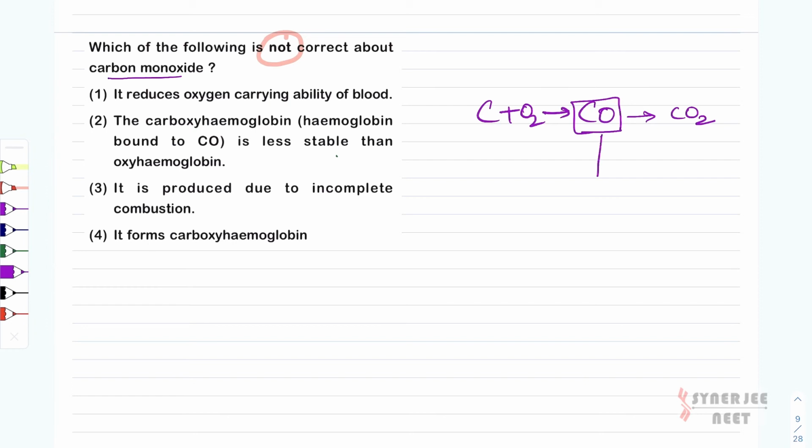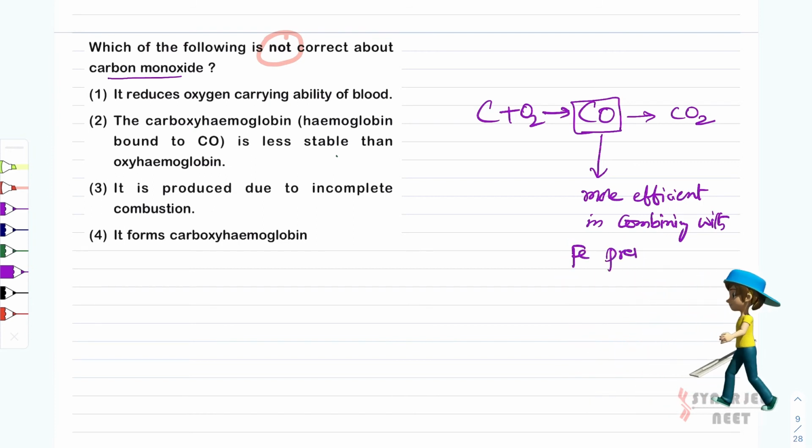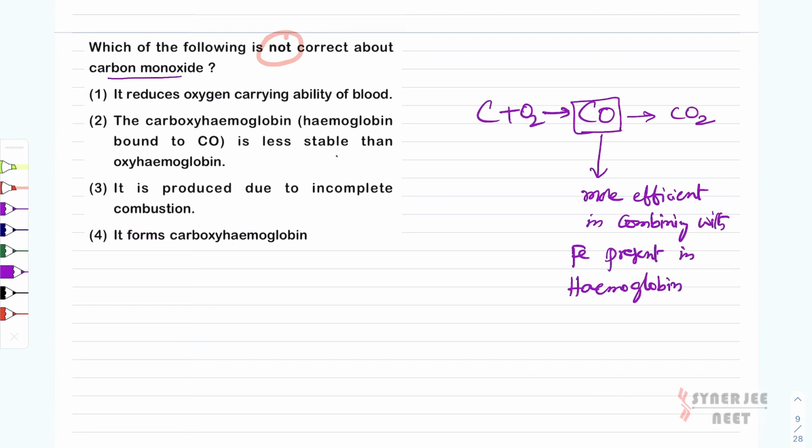Now, if this is inhaled by human beings, what happens? This carbon monoxide is more efficient in combining with the iron present in the hemoglobin. In hemoglobin, an iron atom is present, and this iron forms a complex. When oxygen is taken, this iron will form a complex with the oxygen.